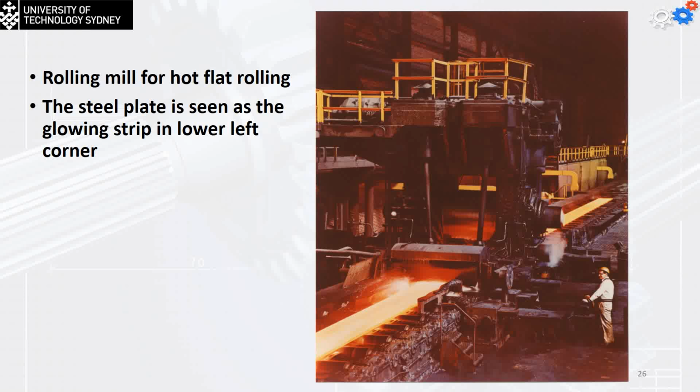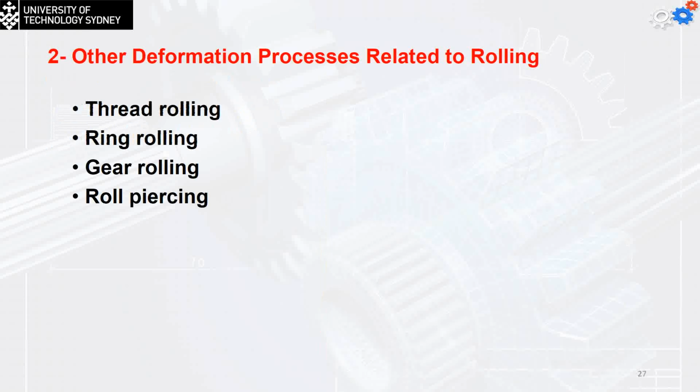Other deformation processes related to rolling are thread rolling, ring rolling, gear rolling, and roll piercing. Actually, all the screws and threads you're using in your daily life were not machined on a turning machine one by one. It's very simple.